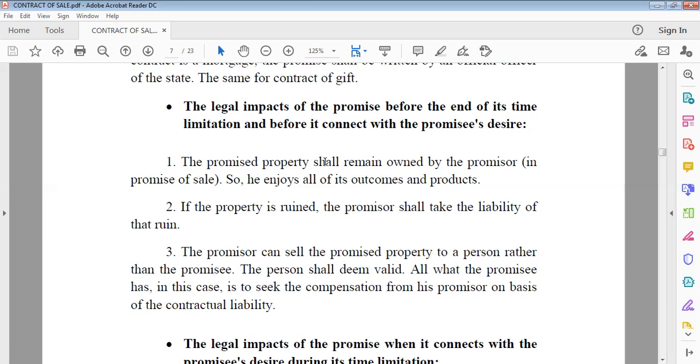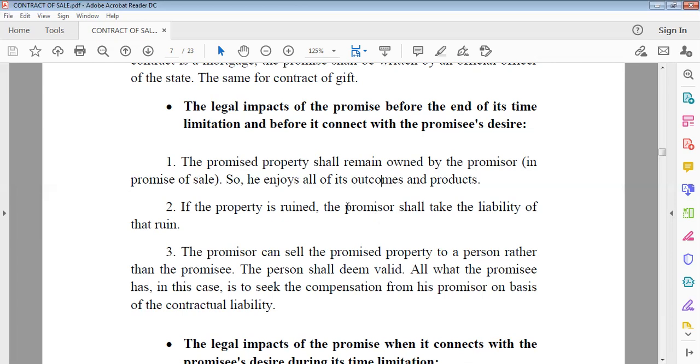It is my ownership. So everything that derives from this land, whether it is outcomes or products, whether it gives fruits regularly or not regularly, I told you this before.